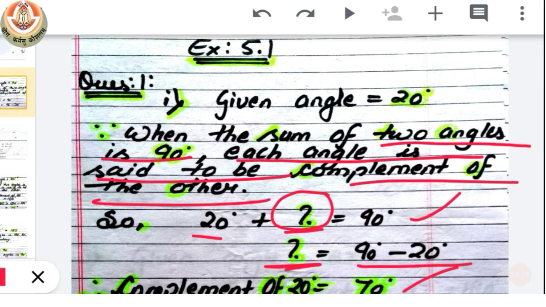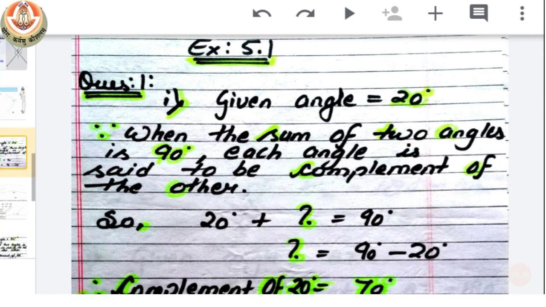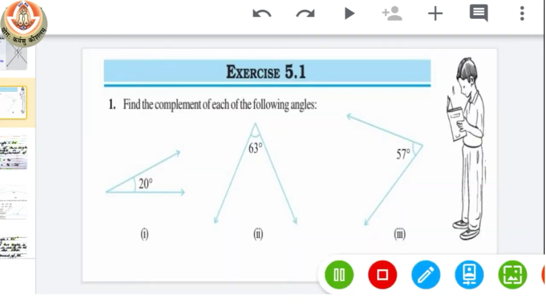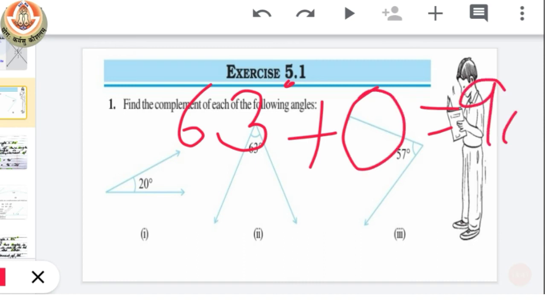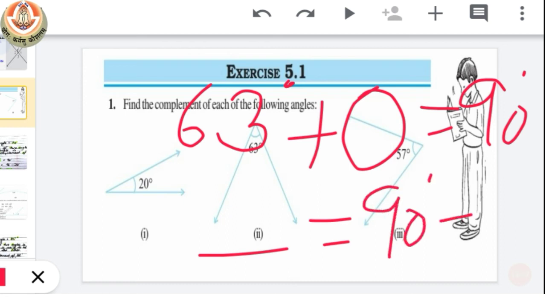Okay, similarly we can do the other parts of this question. For 63 degrees, how can we find its complement? Its sum with its complement should be 90. That means the complement of 63 is 90 minus 63.